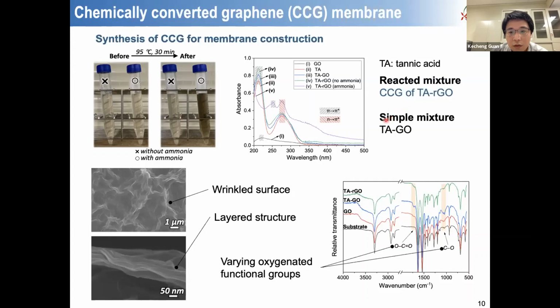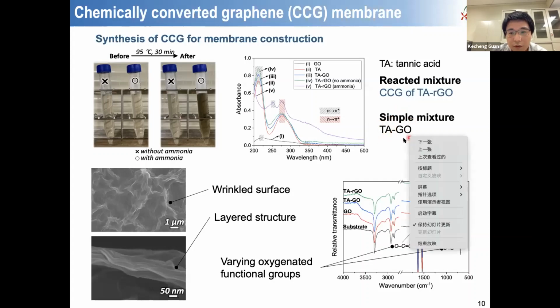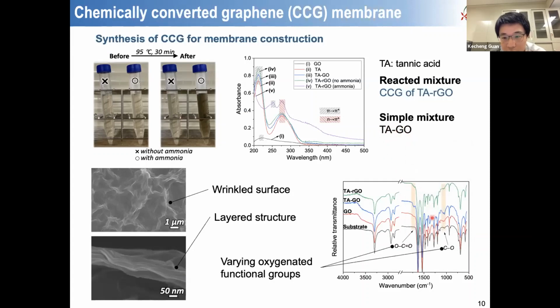We also prepared another sample with simple mixing of tannic acid and graphene oxide. But we can see from the IR spectrum here, if we just simply mix tannic acid with graphene oxide, the oxygen groups' intensity cannot be decreased. Actually, it was increased compared to the original graphene oxide because of the introduction of tannic acid.